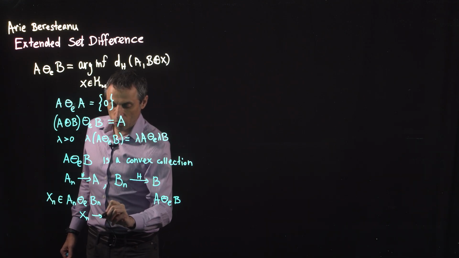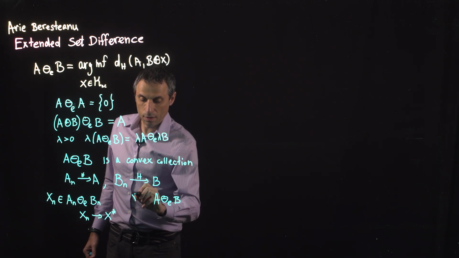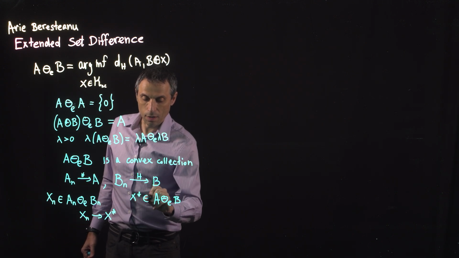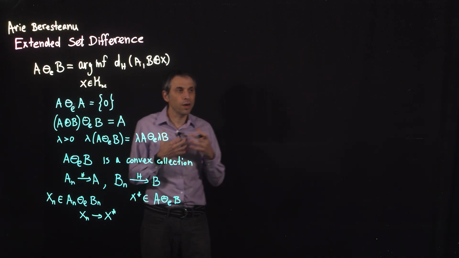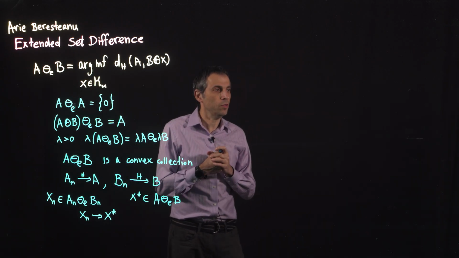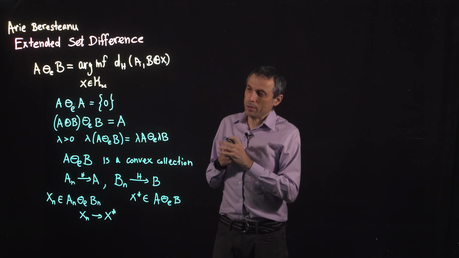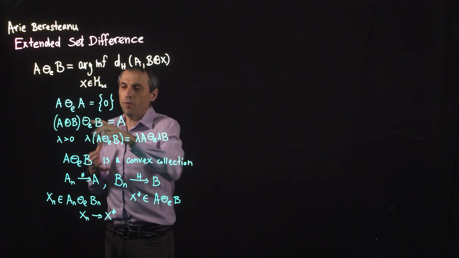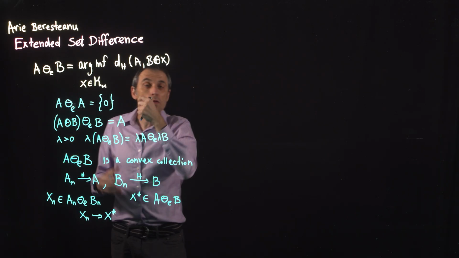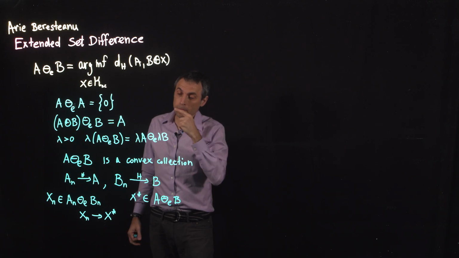Xn will converge to some X star, such that X star is in this collection. So in that sense, we have this property of convergence. Another important observation is the scope of the solution. So how many solutions are there, and how different are they from each other?